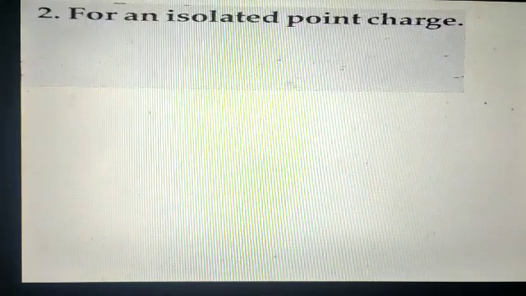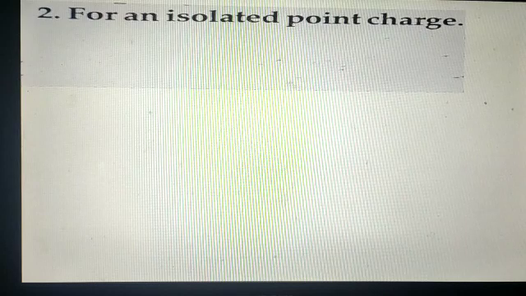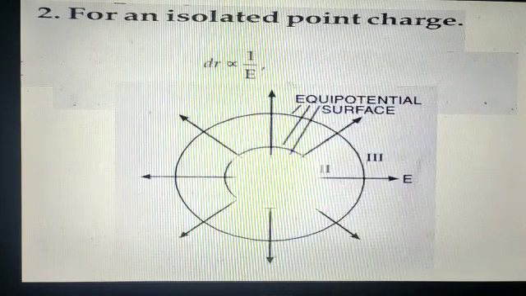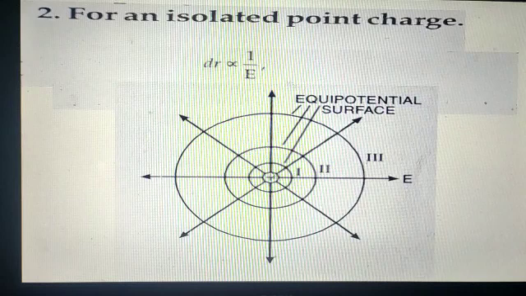Now let us move to another type of equipotential surface, and that equipotential surface is due to a point charge. Suppose this is a positively charged body, a positive charge is kept here.